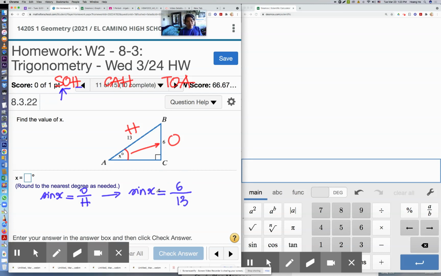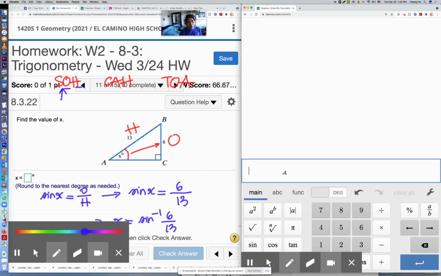You don't have the value of angle X, but you know sine of angle X is 6 over 13. Very simple: X equals inverse sine of 6 over 13. You should put this in your calculator.